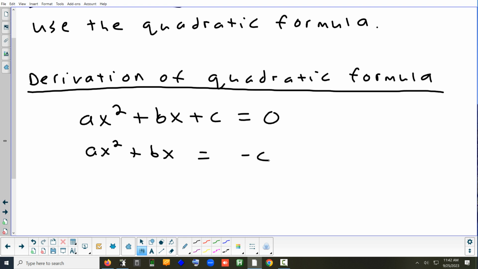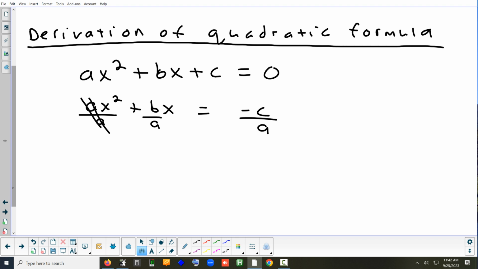Remember, whatever you do to one side, you got to do it to the other side. So you could essentially divide everything by a. I'm not going to rewrite the whole problem just for that step, but now you have x squared plus b over a x equals negative c over a. Any question on that step?